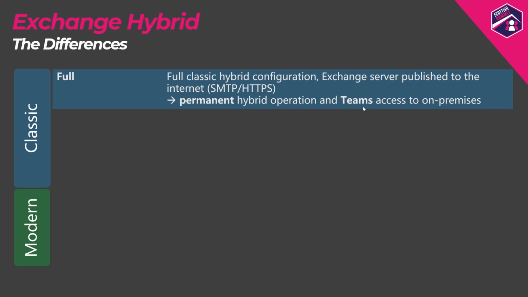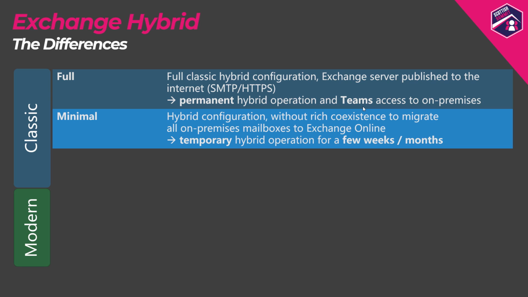Let's have a look about where the differences are between all of the 5 options you have for hybrid. We will focus in this talk on Classic Full and Classic Modern. And Classic Full is supposed to be the hybrid version for permanent hybrid operation and for using Microsoft Teams in conjunction with on-premises mailboxes.